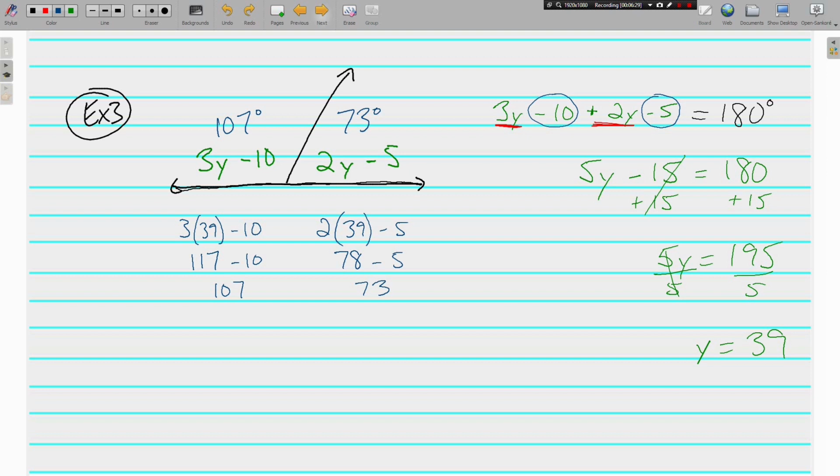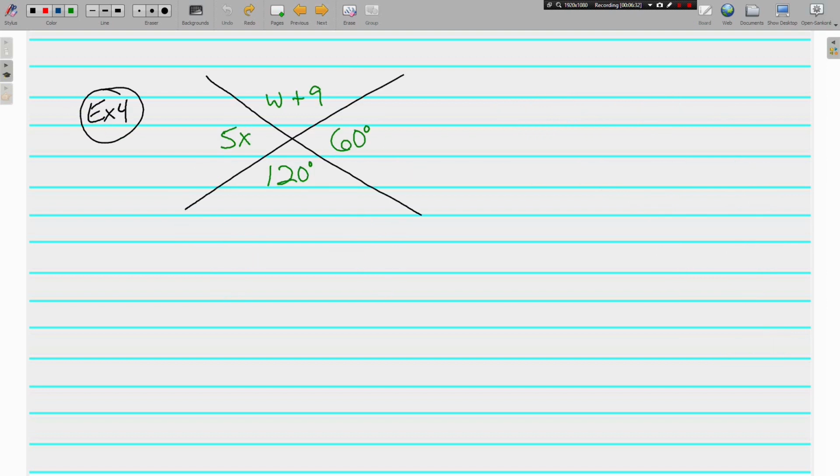Let's do another. Example 4. Oh, we've got a little different looking one here. We have an x, we've got 5x, and we have a w plus 9. Looks like there's two different things that we're going to need to solve for. No problem. Here's what I'm going to do first.